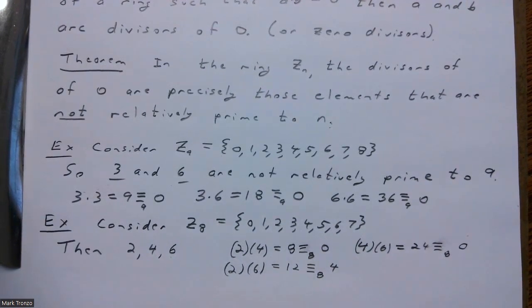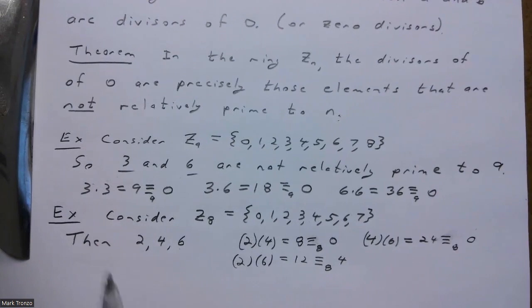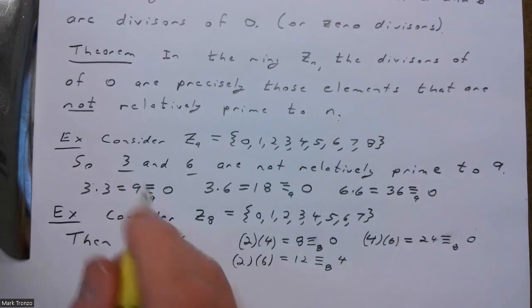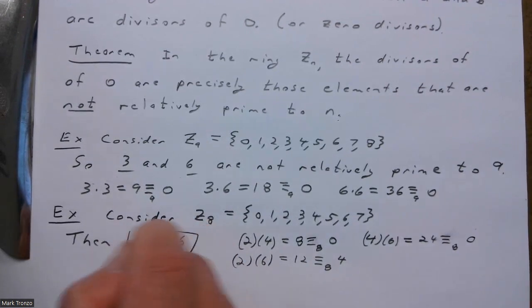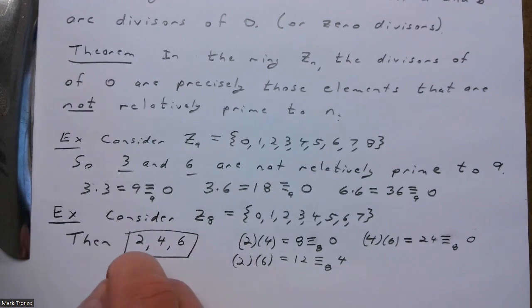So not every possible combination, but at least each one of these will give you 0 when it's multiplied by something else. So in this case, you can see 2 and 4 gave you 0, 4 and 6 gave you 0, etc. So these are the 0 divisors.